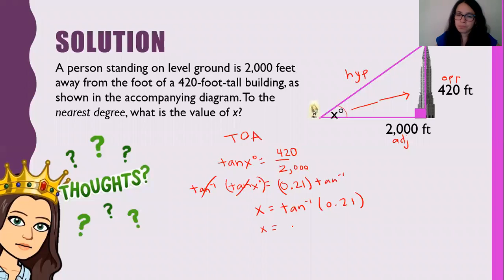What did it give you? Did you do the second and then press tan -1? It was 11.85.